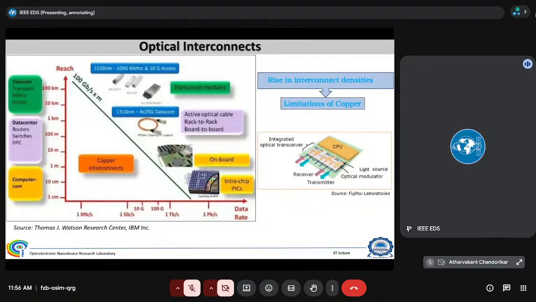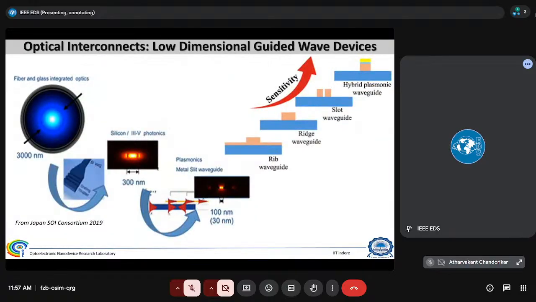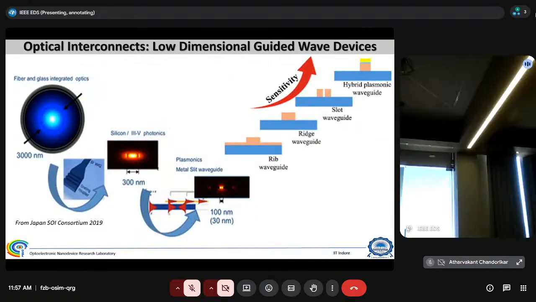And when you say optical interconnect, you are trying to insert some of the devices into your processors or into your racks. That's what you want to do, right? So there has been this traditional optical fiber confinement where your light spot size can be 3 micron or so, and then you come down to silicon photonics or III-V semiconductor photonics, where your light spot size can be 300 nanometer.